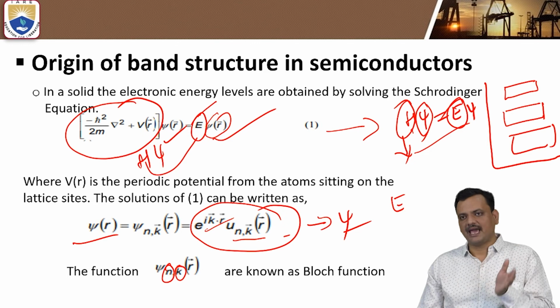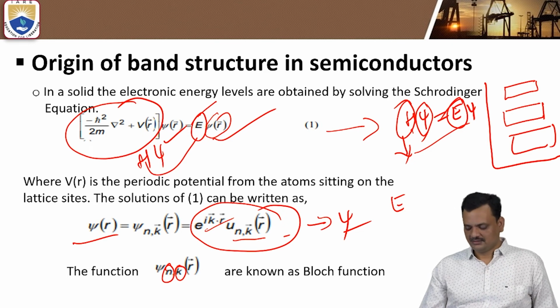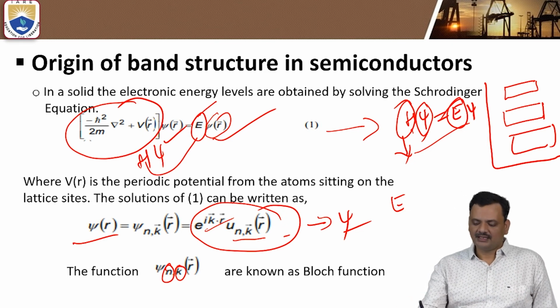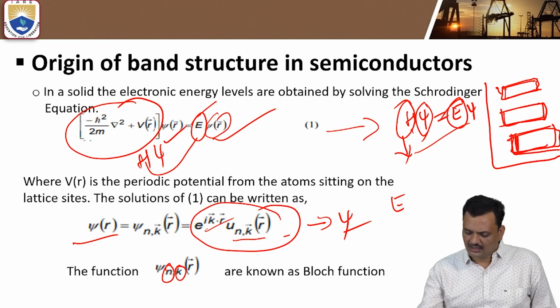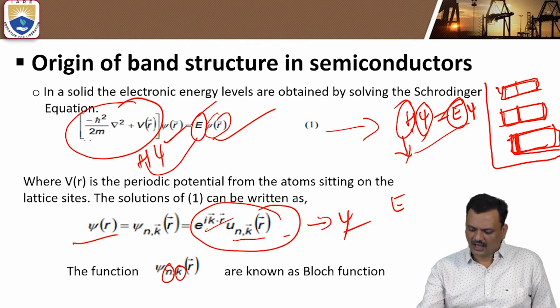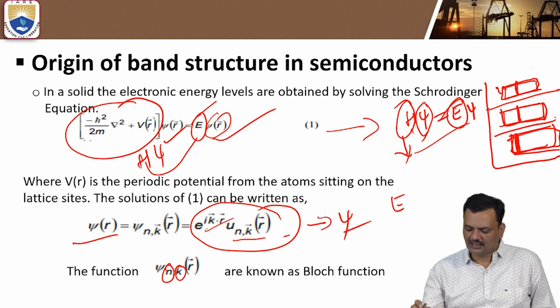Energy bands will appear. Discreteness means energy can have a value here, here or here, but not here, not here.